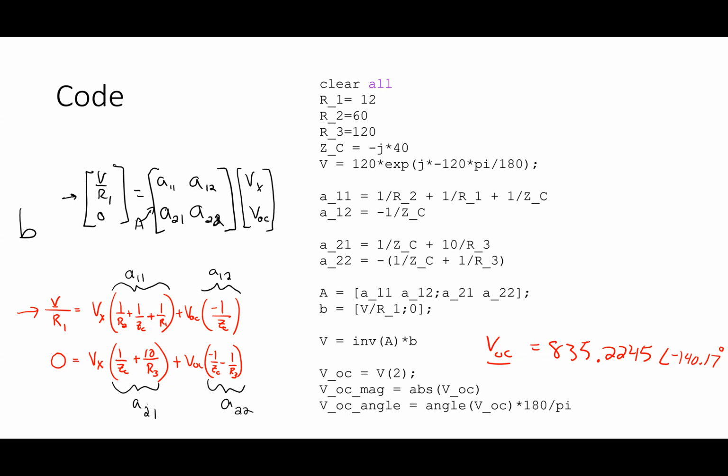Given the way I set the matrix up here, if I look at this, the V value where I say V equals inverse A times B, I'm looking at this problem right here, where the matrix here is A. So this is V. I want the second entry of V because VOC is the second entry of that particular vector. Questions about that?